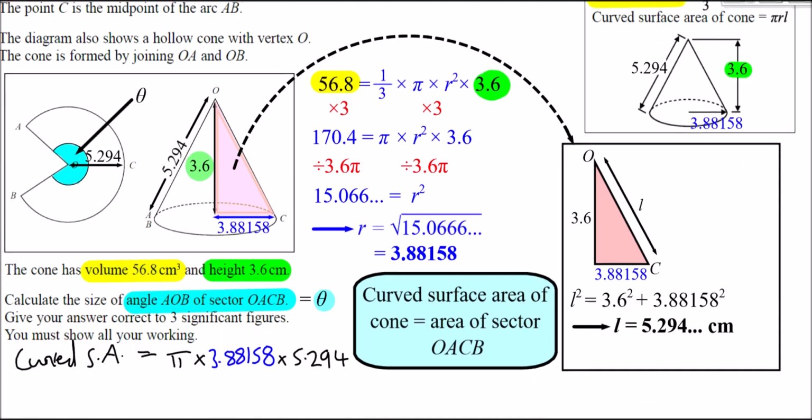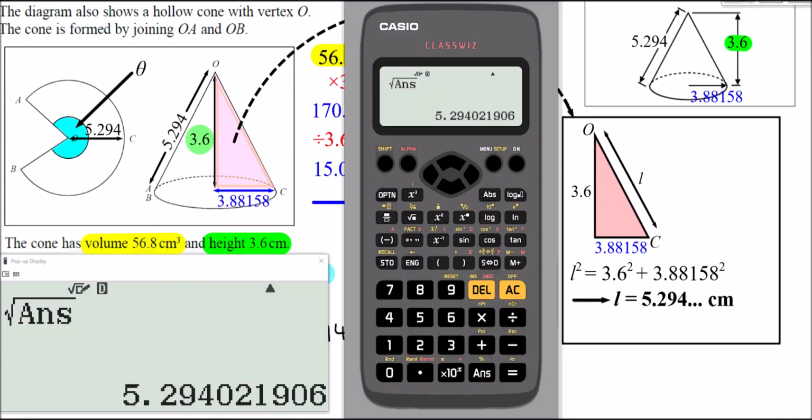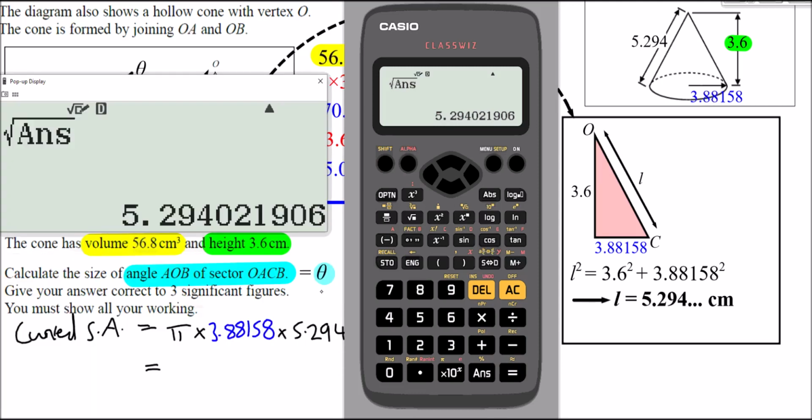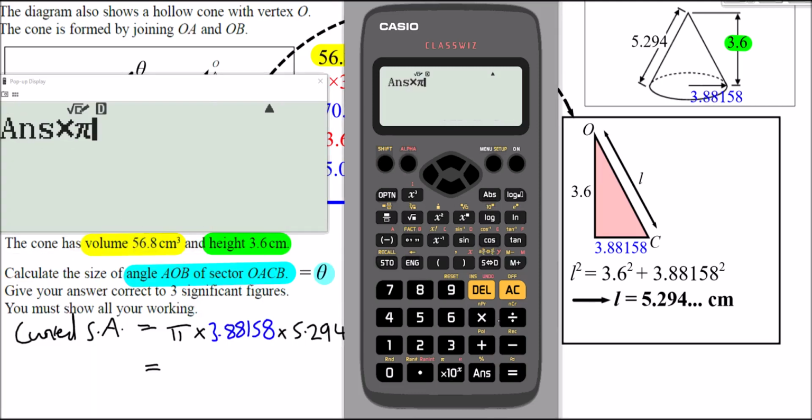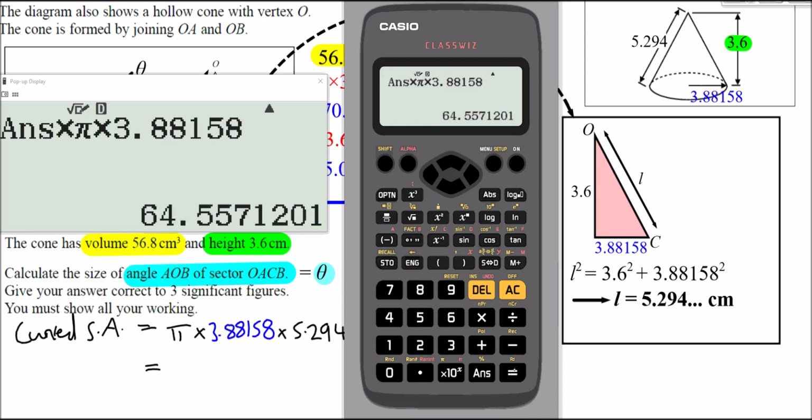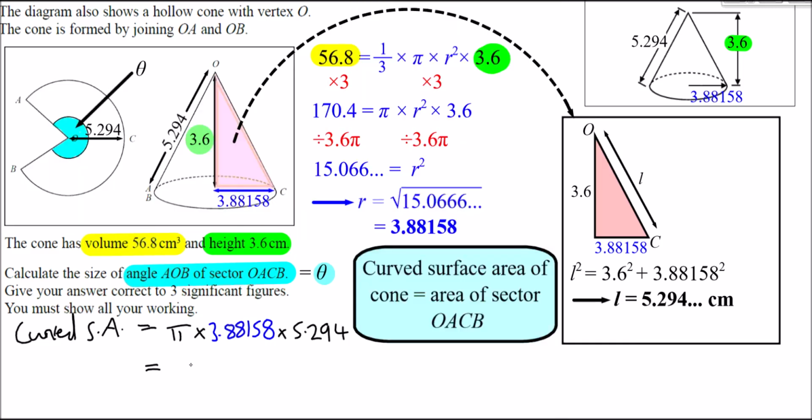So if we just calculate this, I've got a figure there, I can store that. I've got the 5.294, so times that by pi and times by 3.88158. I've got the curved surface area is approximately 64.557 and so on. And that's going to be equal to the area of the sector OACB.